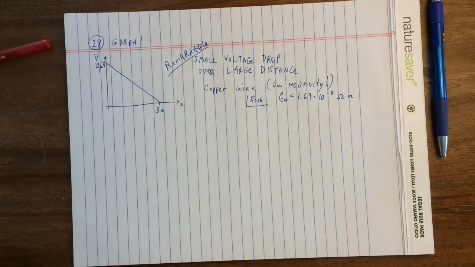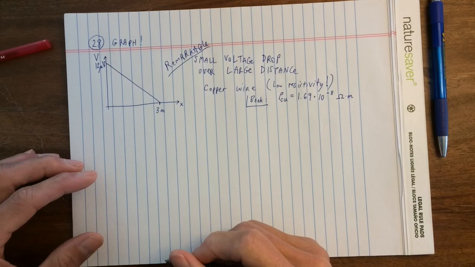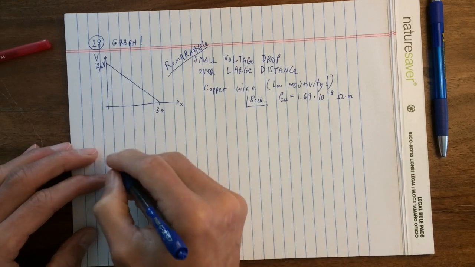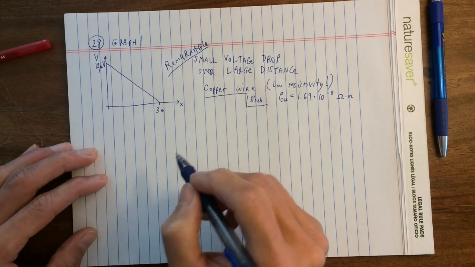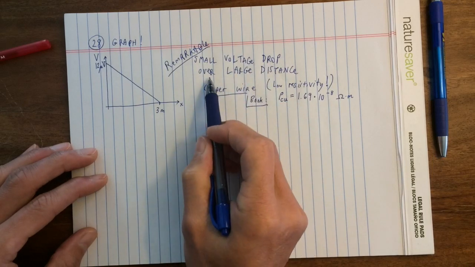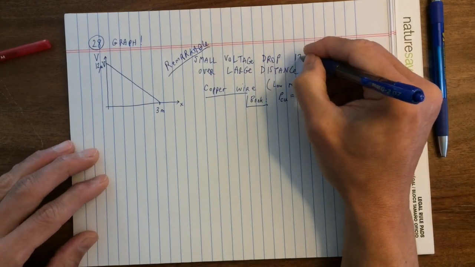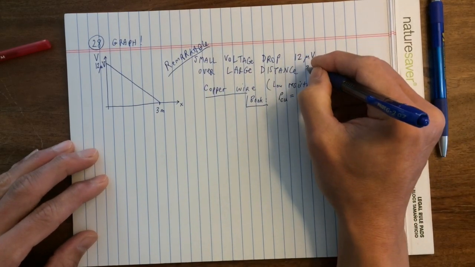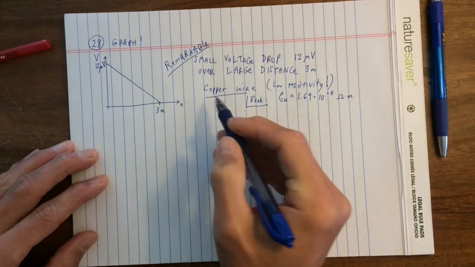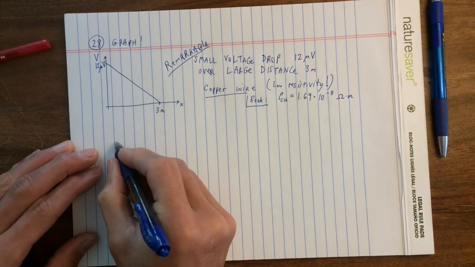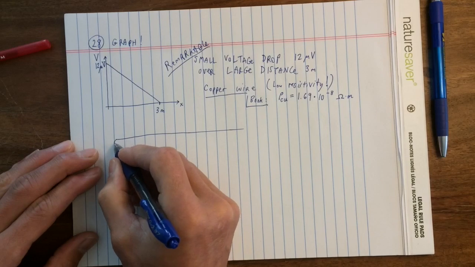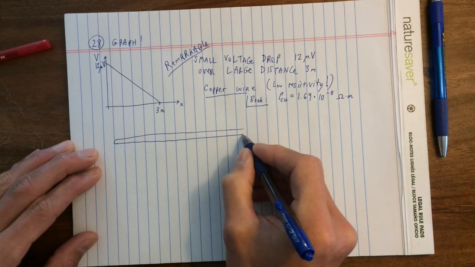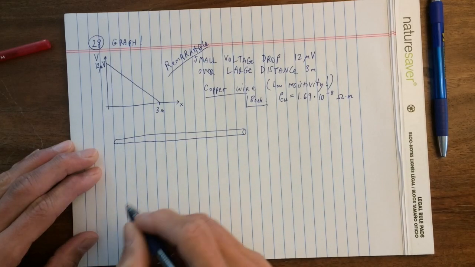All right, so let's read the problem a little more. It says that the wire, so this copper wire, with this small voltage drop over the long distance, so 12 microvolts over the distance of 3 meters. So this copper wire is actually a long cylinder, right? It's a long cylinder.